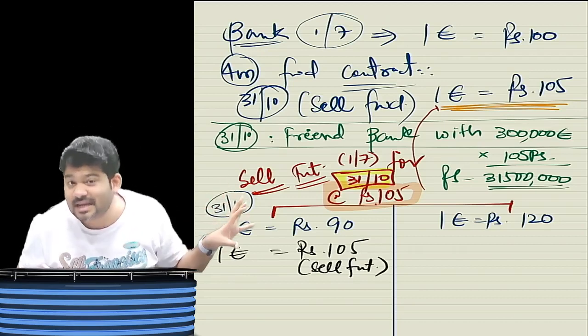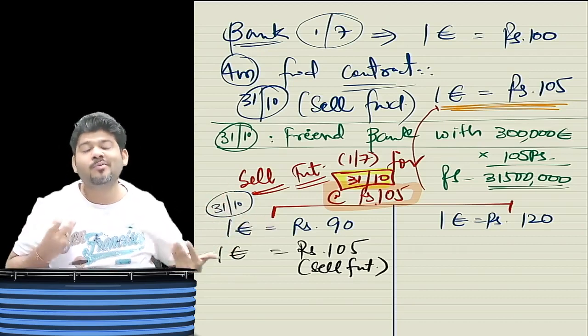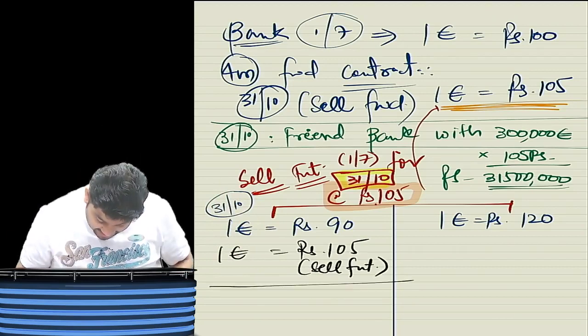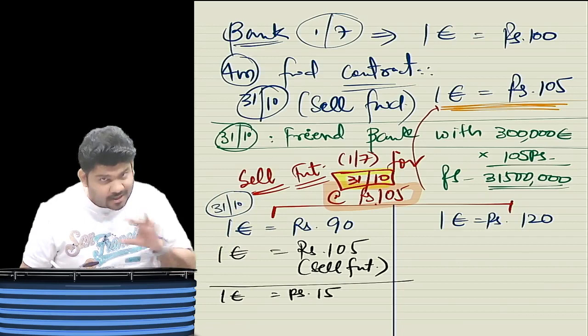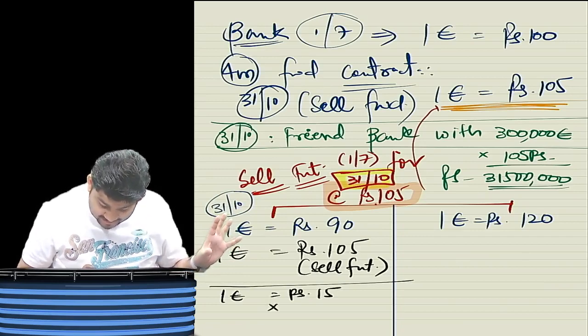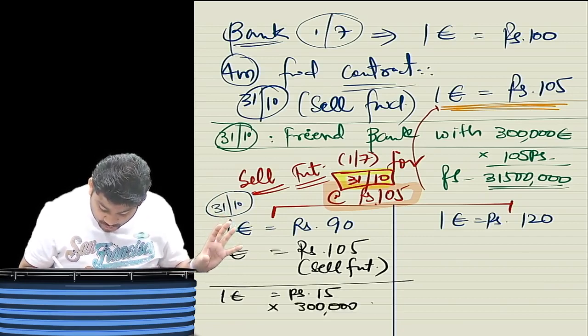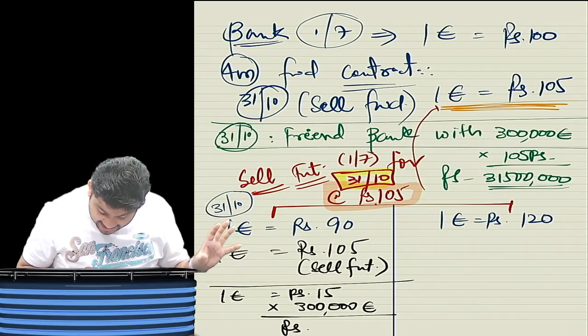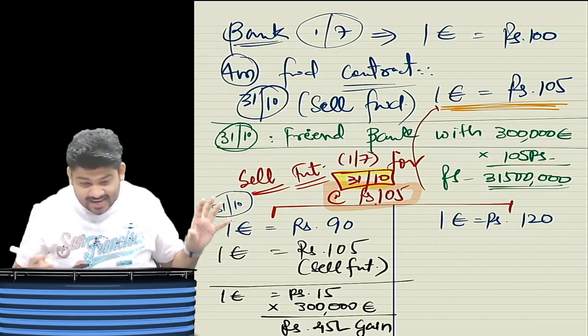So the market may sell it at 90. We will sell it at 105, making a profit of rupees 15. No delivery, multiplied by 3 lakh euros, and we will get rupees 45 lakh. Gain.